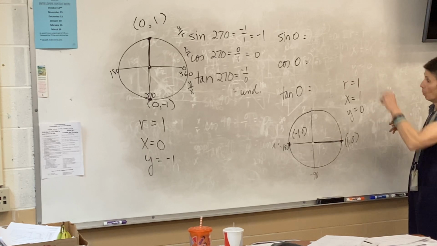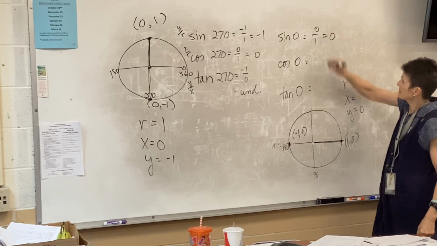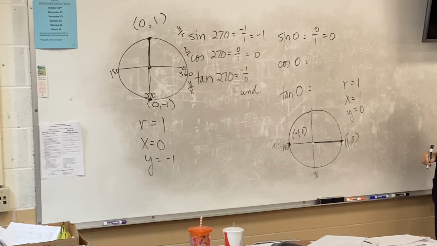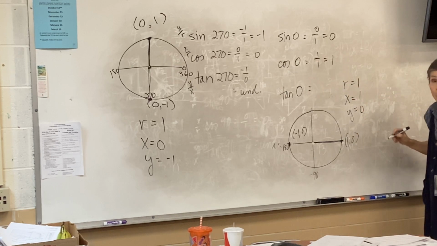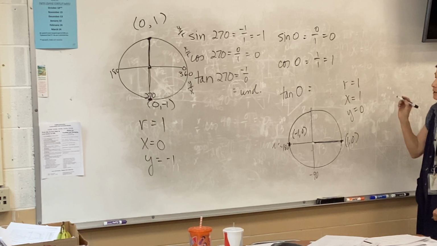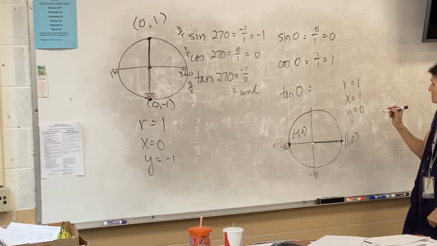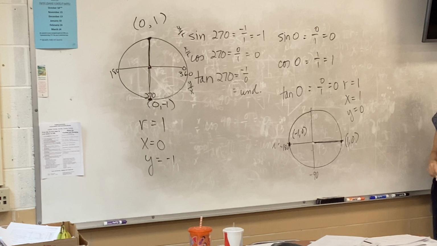Sine, y over r. 0 over 1, 0. Cosine, x over r. 1 over 1, 1. And tangent, y over x, which is 0 over 1, or 0.